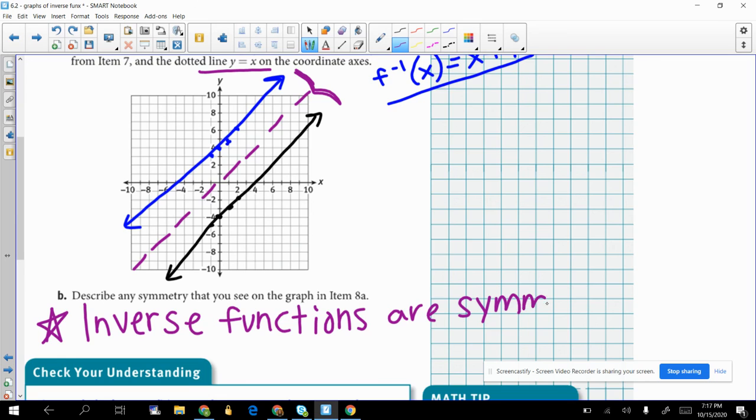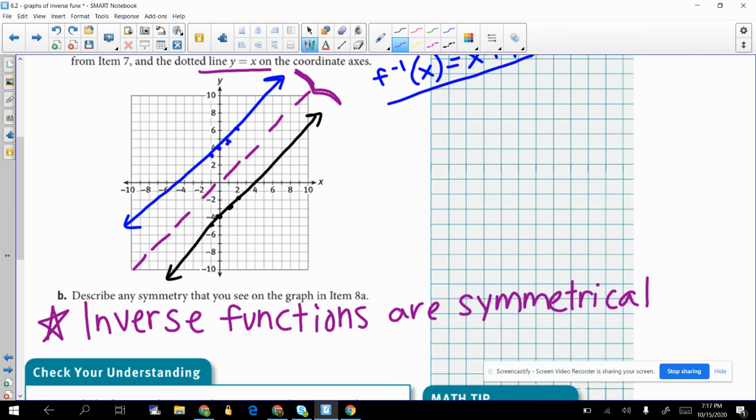So that's another way to check if 2 functions are inverses of each other. Like I said, jot yourself that little note there. All inverse functions are symmetrical about the y equals x, or the diagonal line.